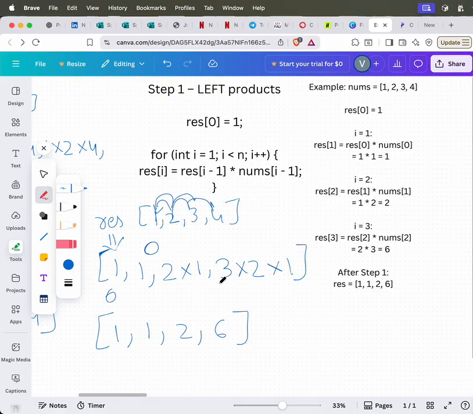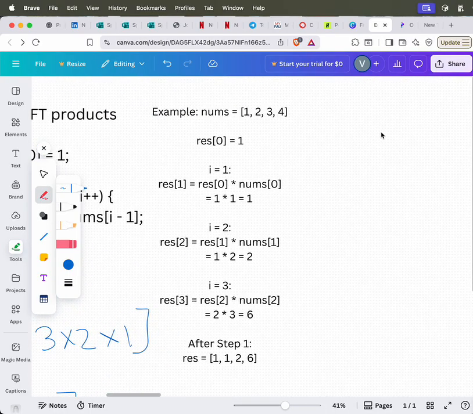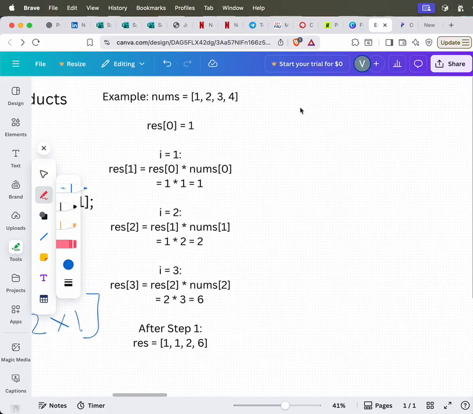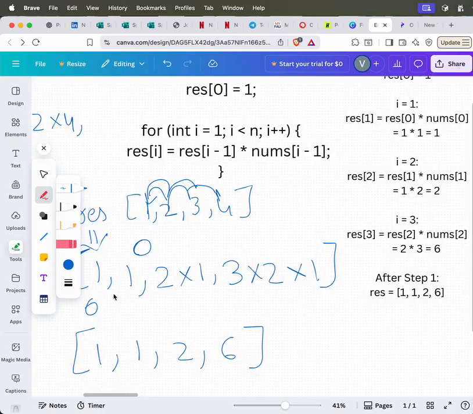The resultant array at index 0 is 1. So 1 into 1 is 1. This is how you wrote it here.